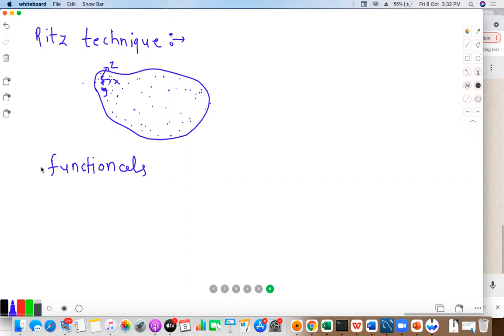Let us consider a displacement field such that u is equal to the summation of b_i into alpha_i, where alpha_i is a function of x, y, z, and i varies from 1 to p.